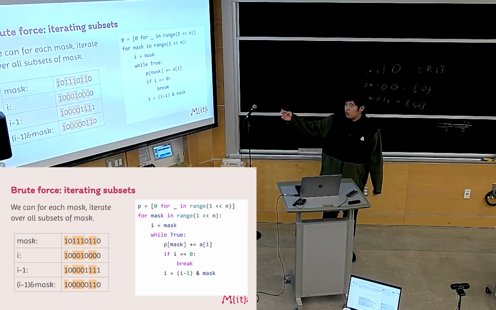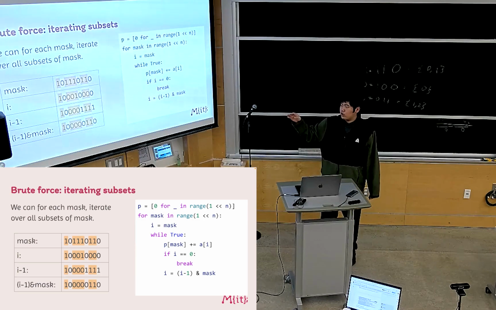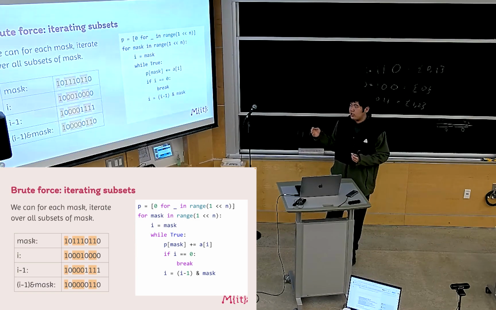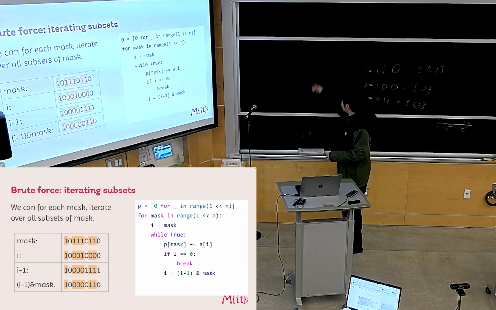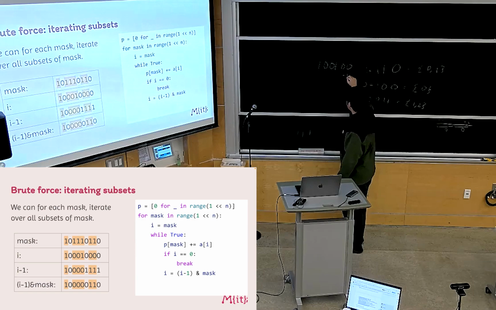And you can see that if you only consider the highlighted bits, between I and I minus 1 and mask, that number has also decreased by 1. If we were to consider the number 1 0 0 1 0 0 and subtracted 1, we would also end up with this.